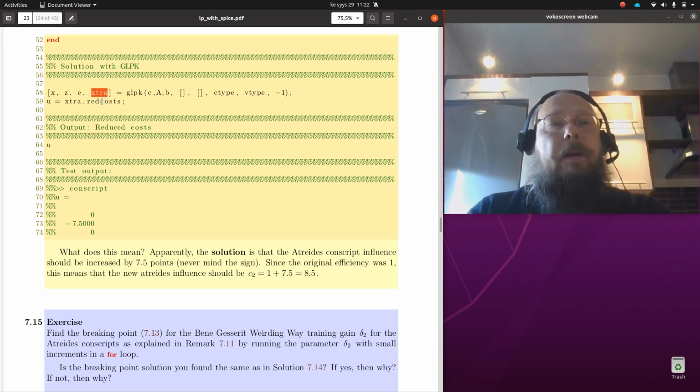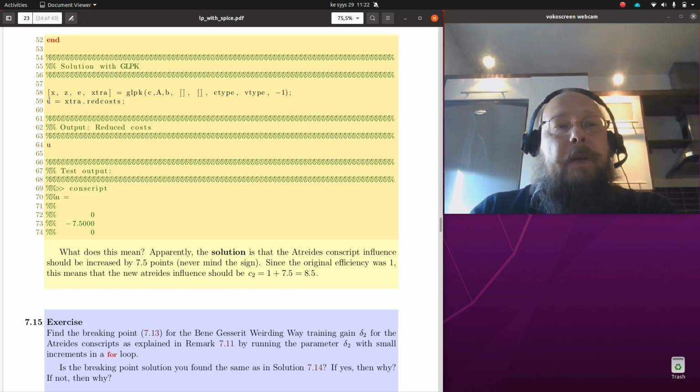Now we ask the reduced costs, and they are in the field called red costs, like reduced costs. And here this is completely unnecessary, but I do it just to emphasize that I will use the symbol U for the reduced costs, maybe as a shorthand notation basically. So I take the extra struct variable and its field red costs and assign the value to U. And then nothing else happens here. At output I just ask the reduced costs, U.